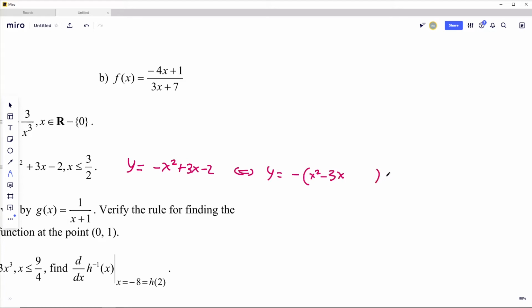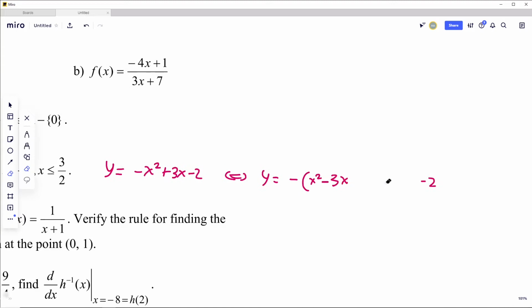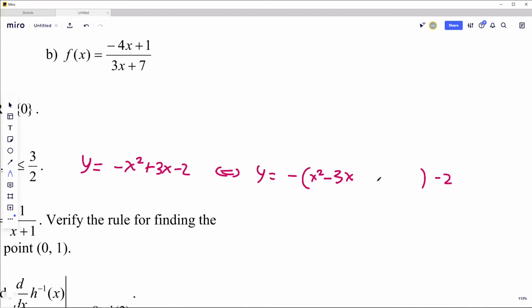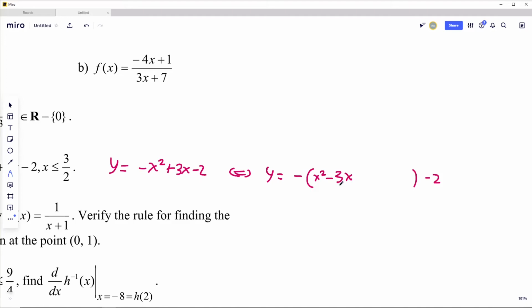And I'm going to do a certain move, which is the completing the square move. So not to confuse you, I'm going to extend this parentheses. And okay, now what we're going to do is divide by 2. Just to get the expression here, divide by 2, you get 3 over 2, right?